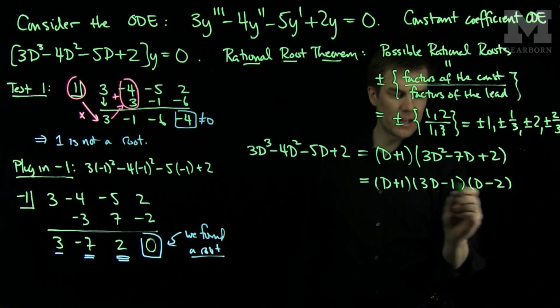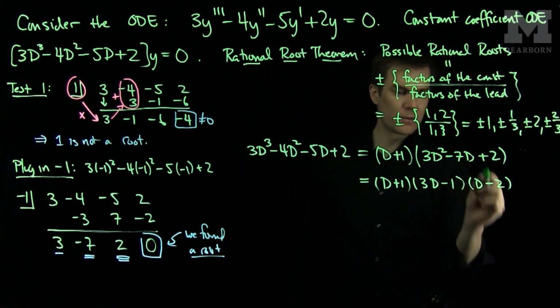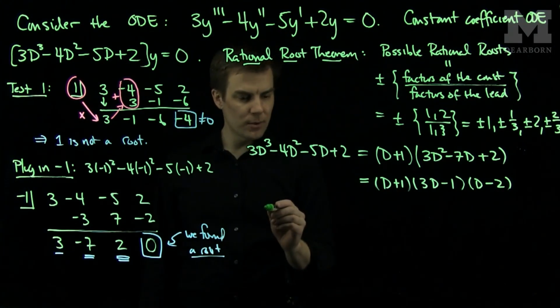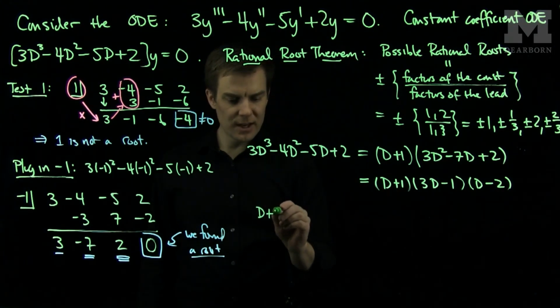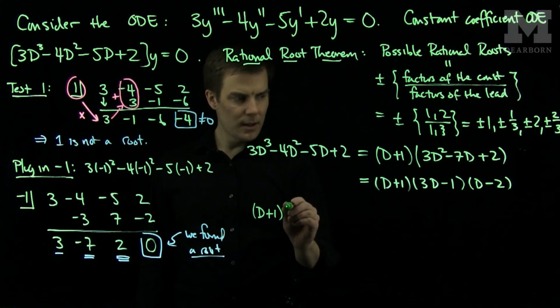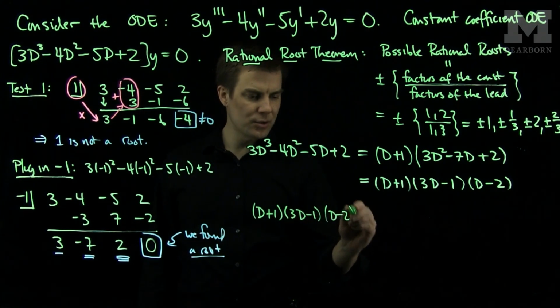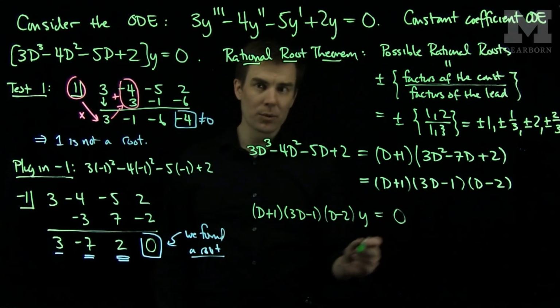I get a negative D and a negative 6D and a positive 2, so it will work out. So our differential equation has the following factorization: (D + 1)(3D - 1)(D - 2) applied to y is equal to 0.